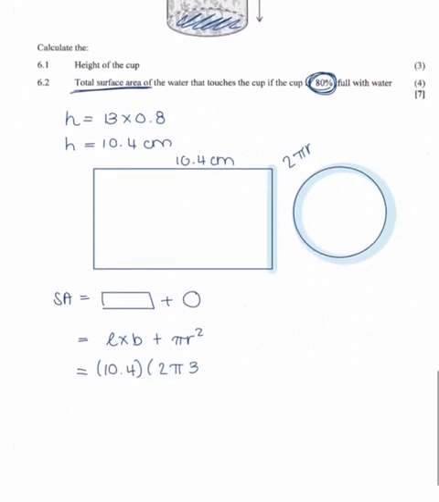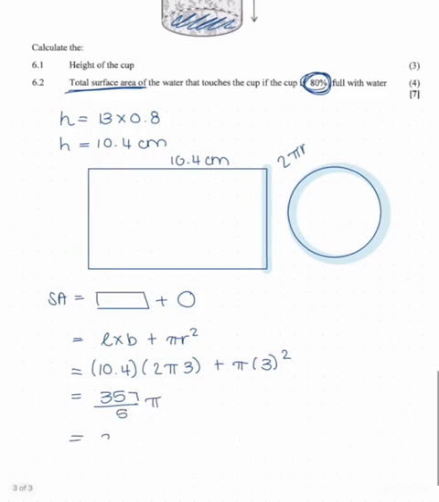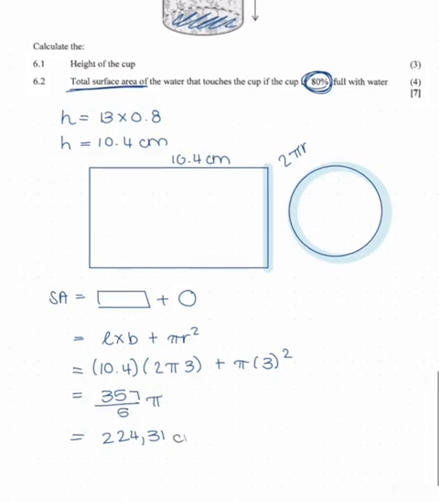Okay, plus our pi 3 squared. Okay, if I put this all into my calculator, so you're going to say it's your 10.4 multiplied by your 2 multiplied by pi times by 3. You're going to get that it's 312 over 5 pi. And then you're going to add that with the pi times 9. And you're going to land up with 357 over 5 pi, which when we fix that is then going to be 224,31, and its surface area, so it's centimeters squared.